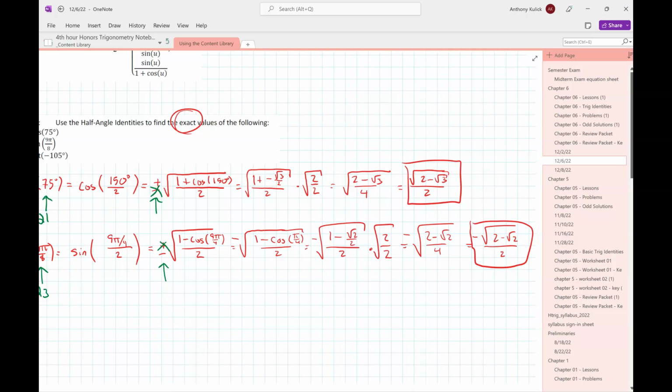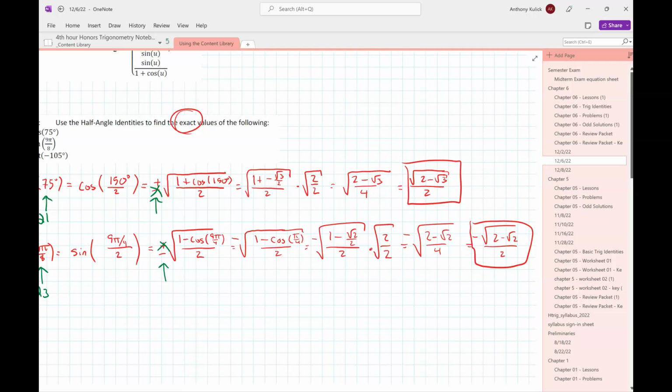I'm just confused how you went from 9 pi over 8 to the 9 pi over 4 over 2. Half of 9 pi over 4 is 9 pi over 8. Well, what's half of a half? A fourth, right? What's half of a fourth? So half of 9 pi over 4 is 9 pi over 8, right?